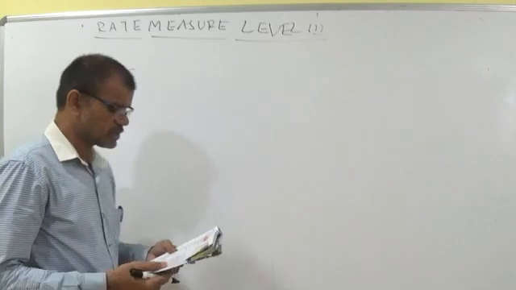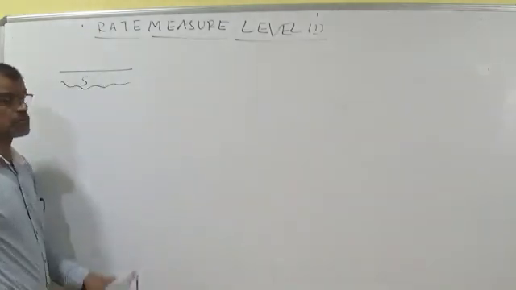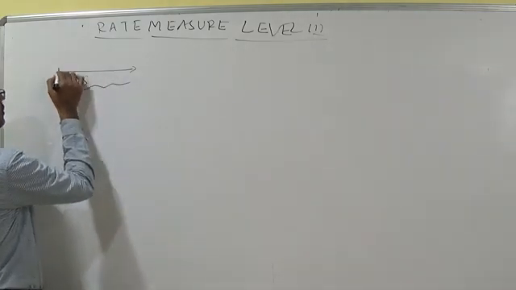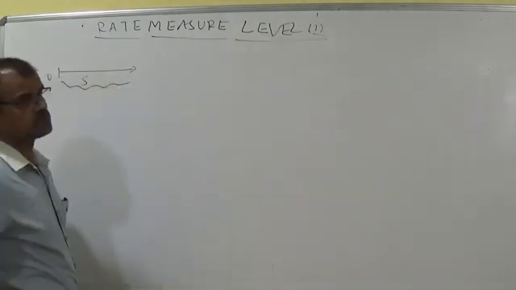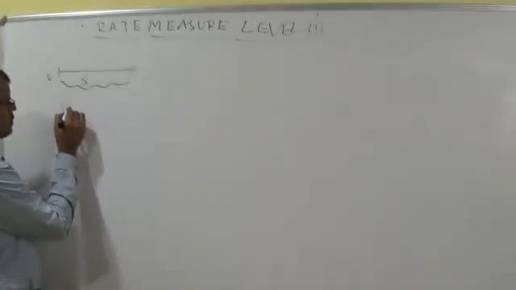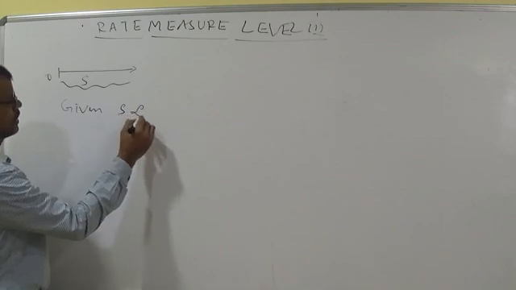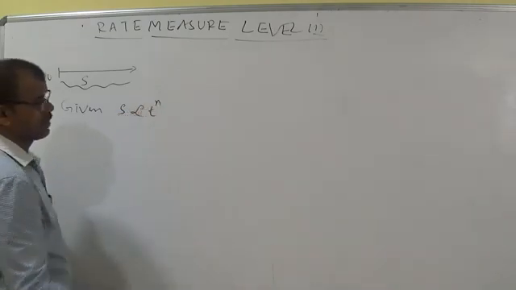If v is the velocity and a is the acceleration at any time, then... This is displacement from a particular point. Displacement is indicated with the letter s. Given condition: s is directly proportional to t power n.